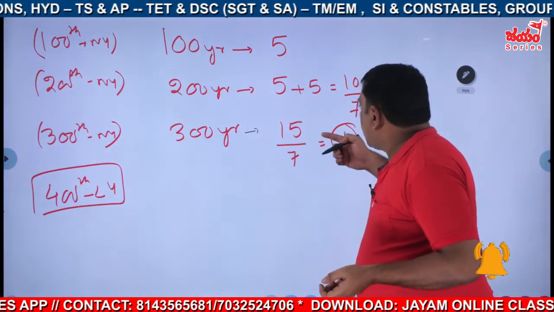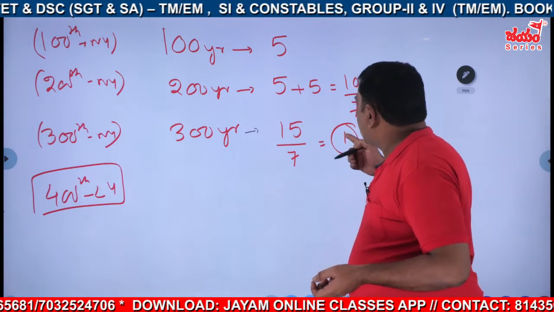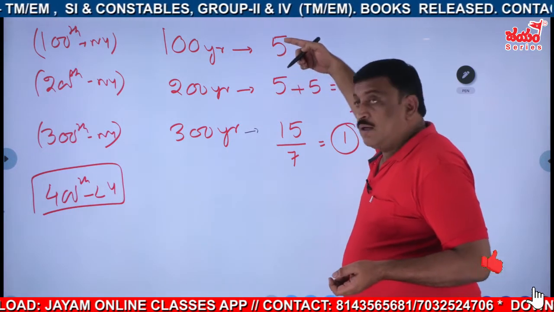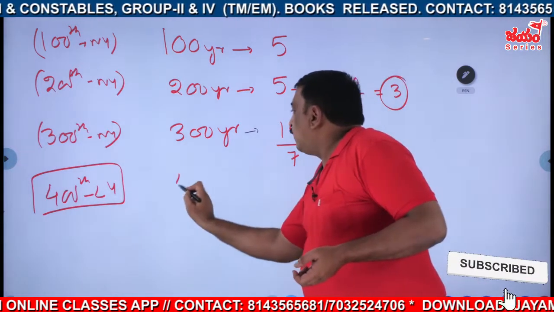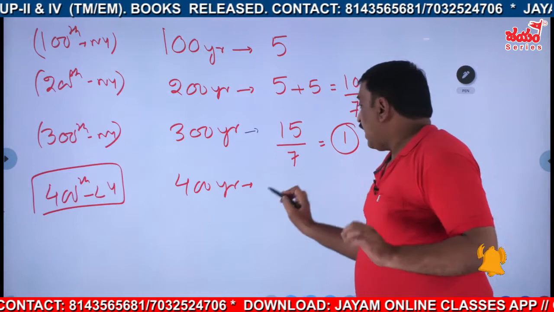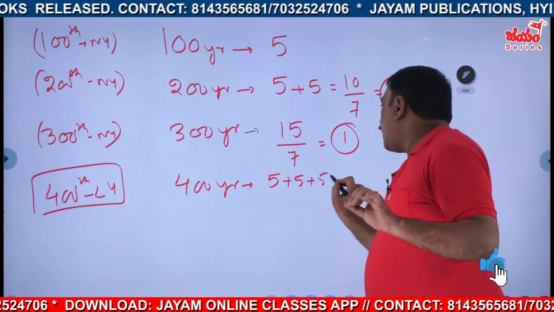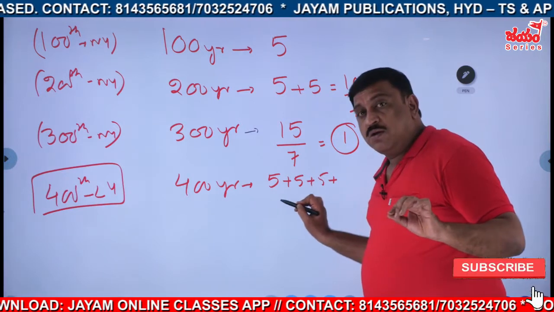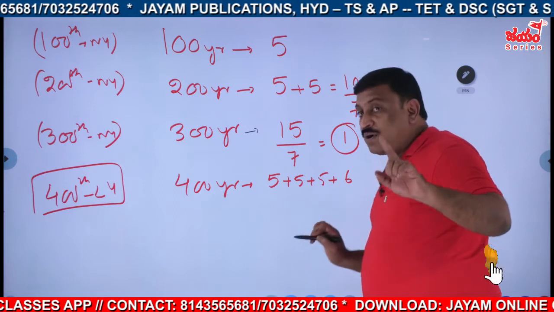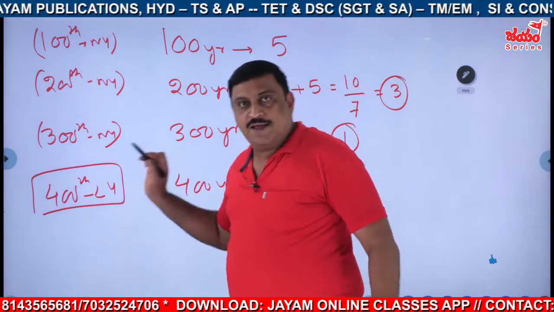So for 400 years, it should be 5 plus 5 plus 5 plus 6, not 5, it is 6, because the 400th year is a leap year.